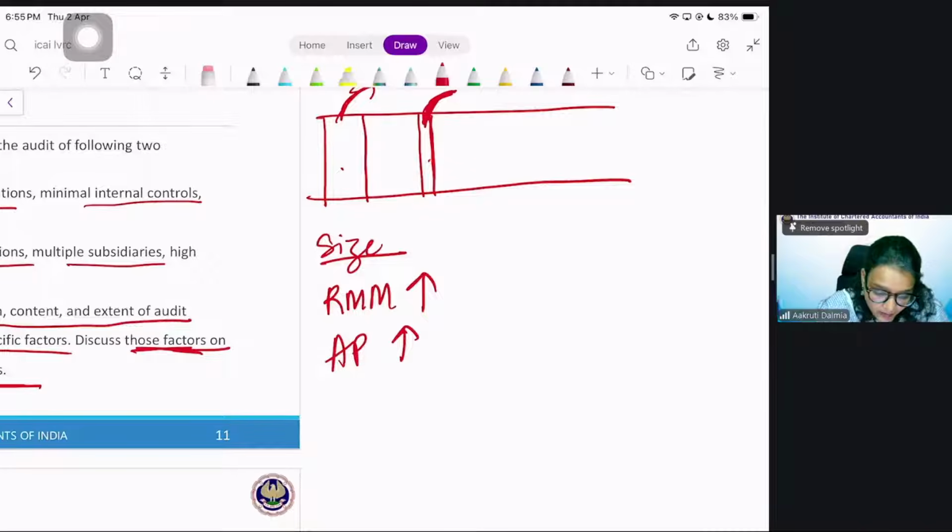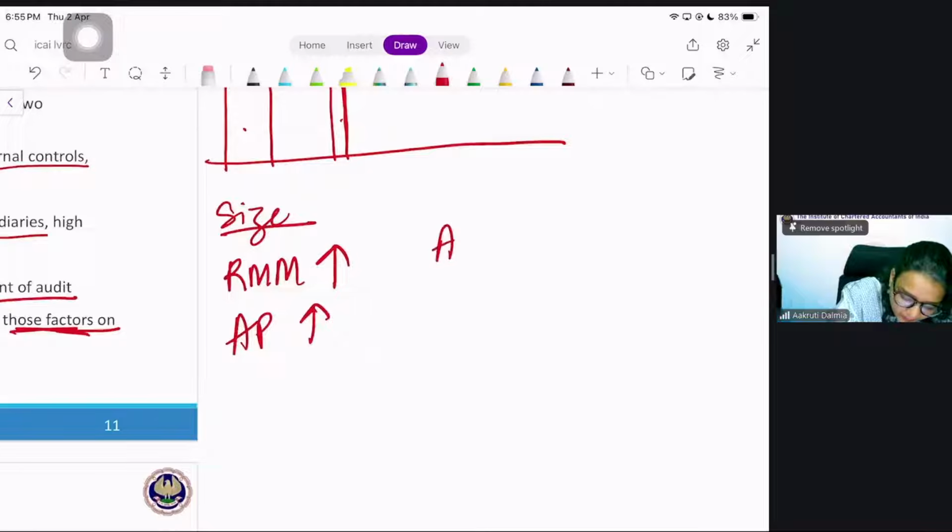And let's say the audit evidence that I'm finding is only oral evidence. Do you think my evidence quantity will increase or decrease? Only oral I'm finding. I'm not finding written, independent, original documents. Only oral evidence I'm finding.